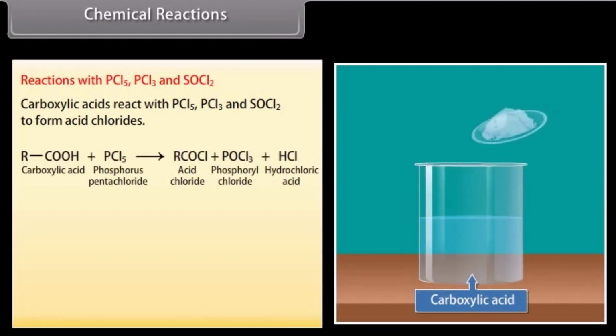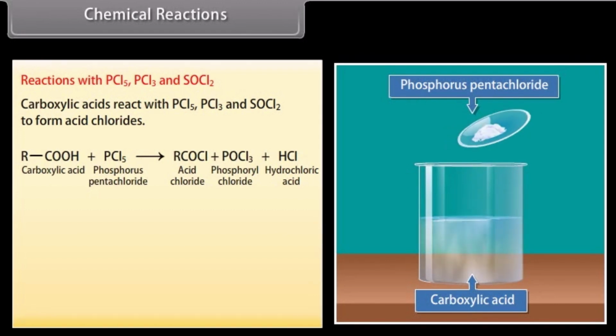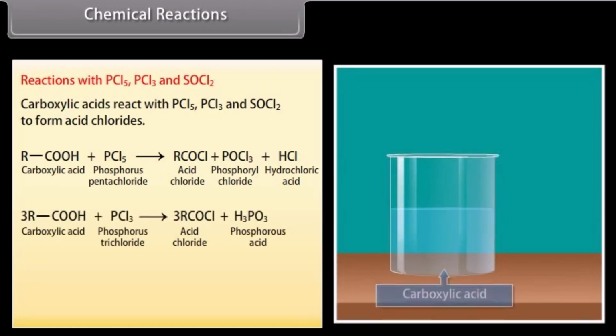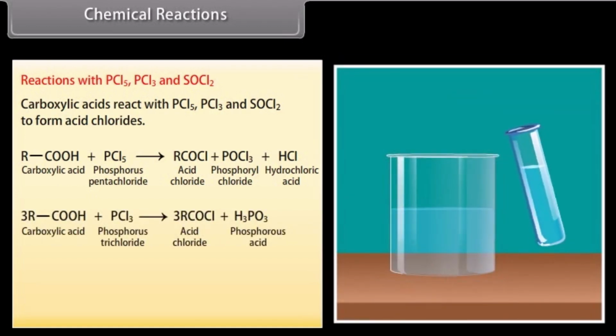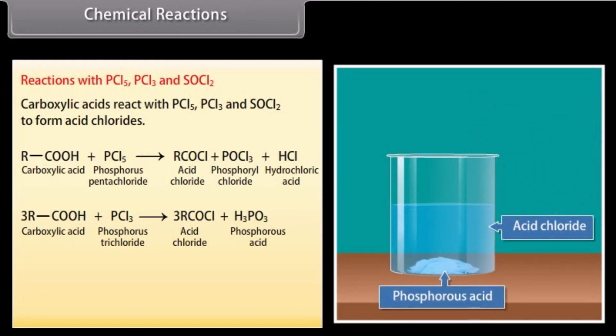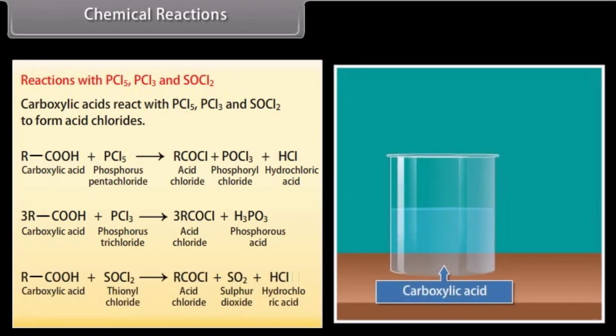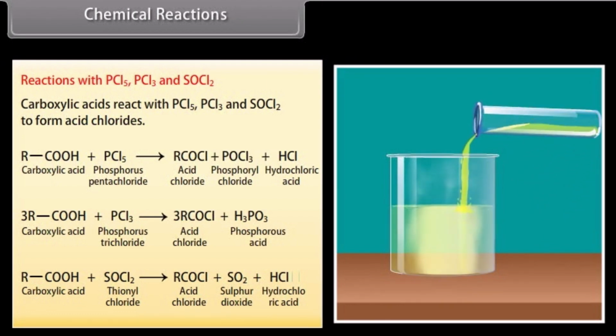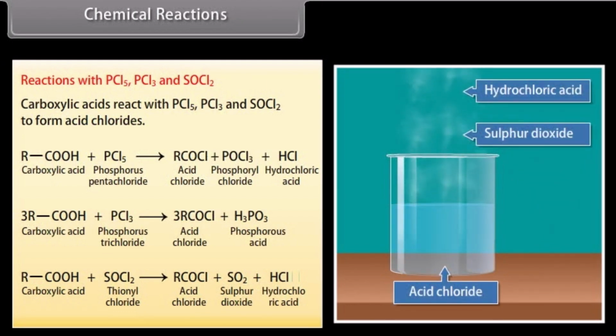Carboxylic acid reacts with phosphorus pentachloride to form acid chlorides, phosphoryl chloride, and hydrochloric acid. Carboxylic acid reacts with phosphorus trichloride to form acid chlorides and phosphorous acid. Carboxylic acid reacts with thionyl chloride to form acid chlorides, sulfur dioxide, and hydrochloric acid.